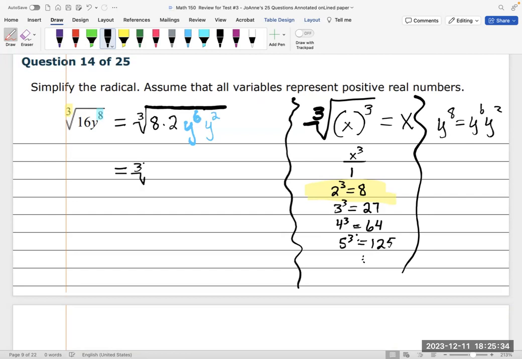So I have the cubed root of 8 times the cubed root of 2 times the cubed root of y to the 6th times the cubed root of y squared. This becomes 2 times the cubed root of 2. This is y to the 6/3, which is y squared.